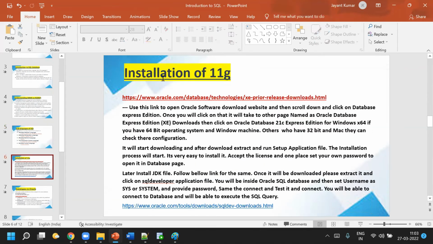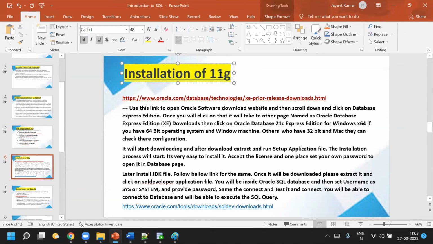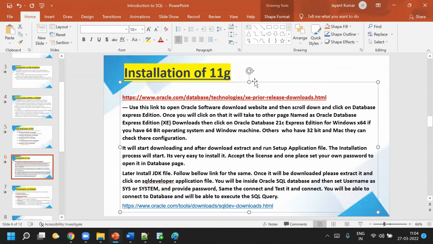This is the software we are going to install, Oracle 11G, and we'll work on this only. The latest version is 21C, Oracle 21C is available, but I suggest installing 11G.